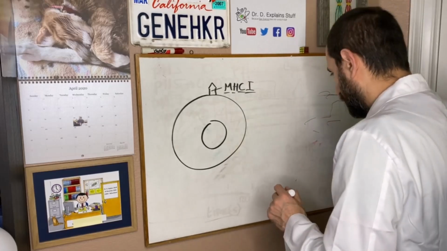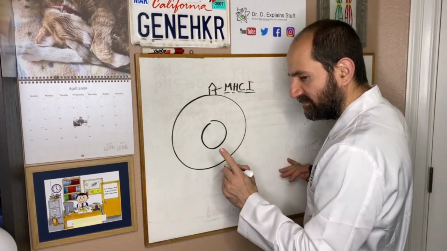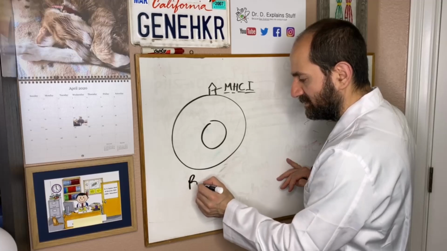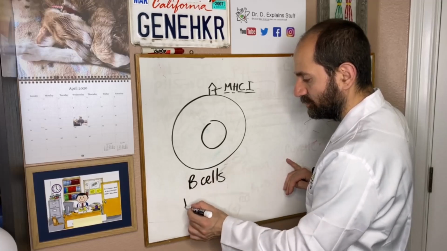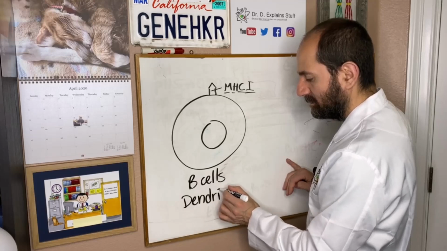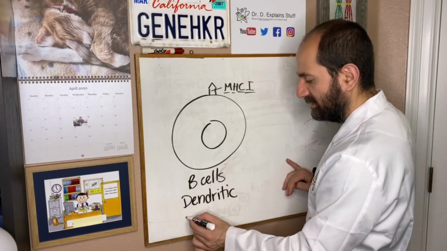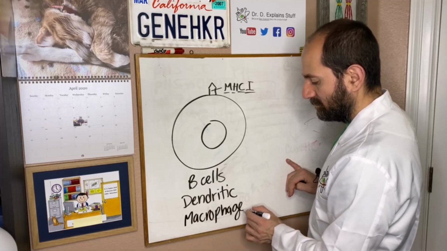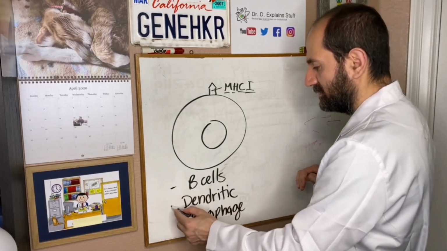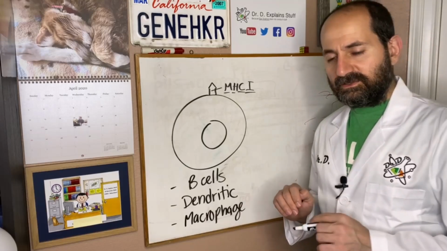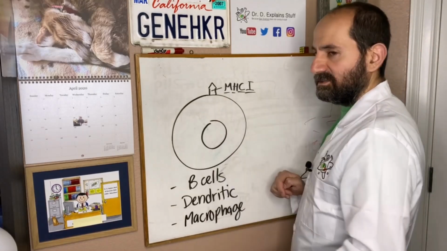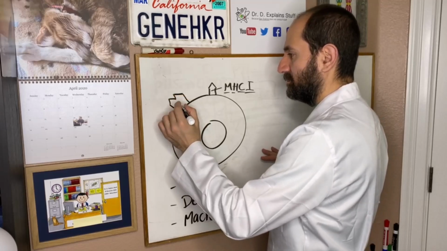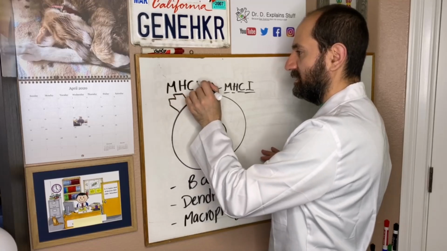Whereas only your professional antigen presenting cells, your B cells, dendritic cells, and macrophages, are the cells of your body that, in addition to having MHC I, have MHC II.